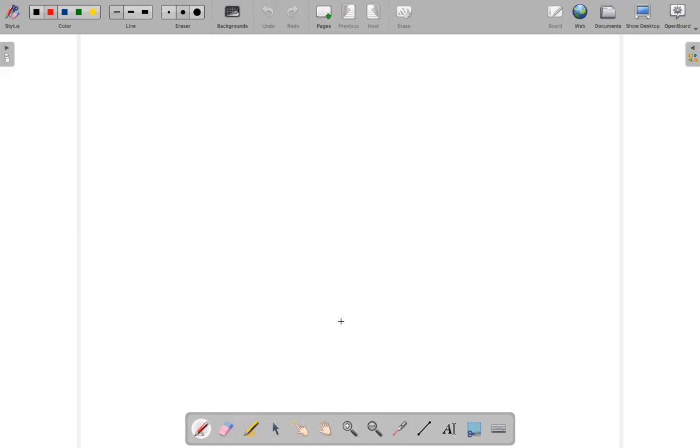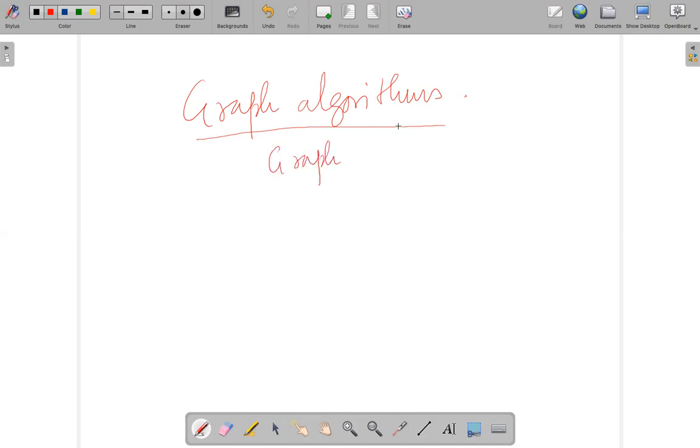Good morning, students. So, as discussed, today we will start with graph algorithms. We will specifically do graph traversals to start with.